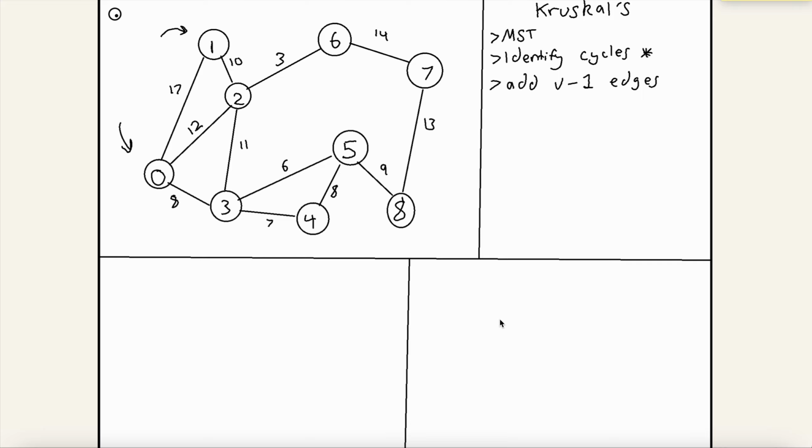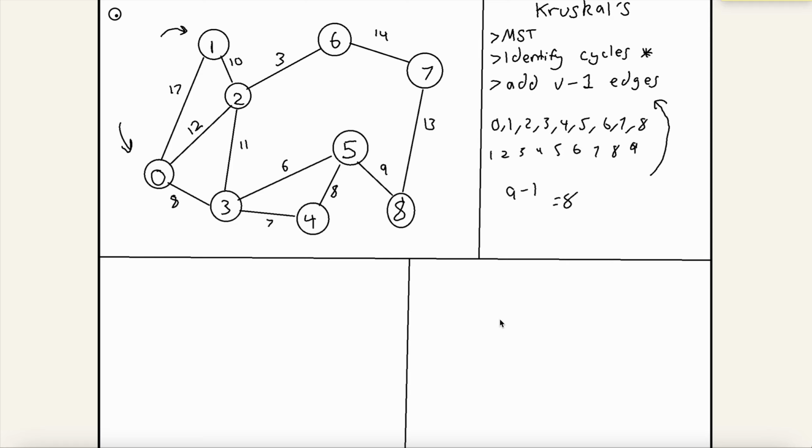are ordered. So let's just do a little count. We've got 0, 1, 2, 3, 4, 5, 6, 7, and 8. So if we do a count on these, we've got 1, 2, 3, 4, 5, 6, 7, 8, 9. So we have 9 vertices, and using this formula here, 9 minus 1 is equal to 8.